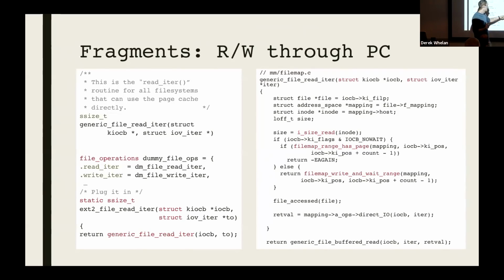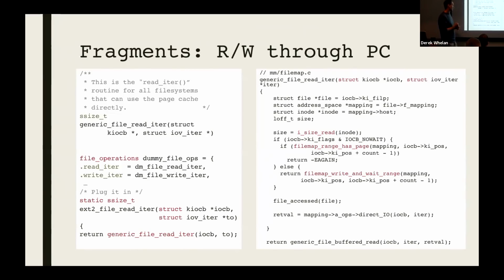If we need to wait, we will use the methods: we will find the pages, write them, wait, and then return. And in our case, we'll use another generic method, which will do the read or write depending on which operation we are triggering. This is still generic code, which is common for all file systems.